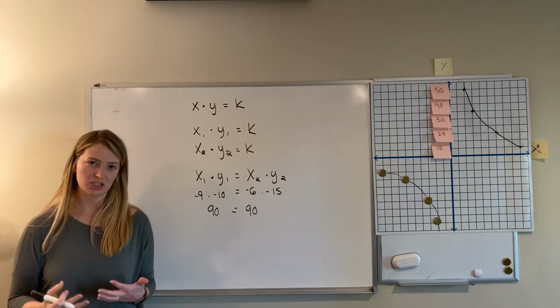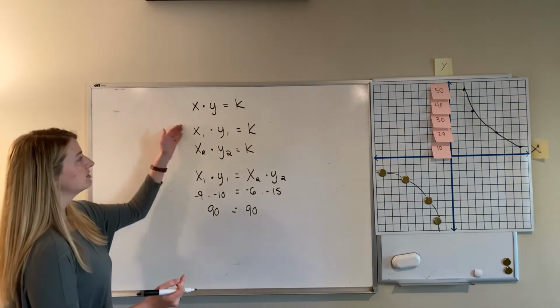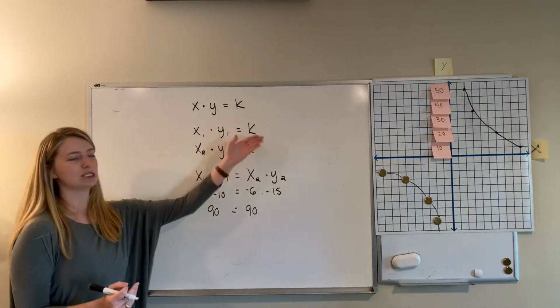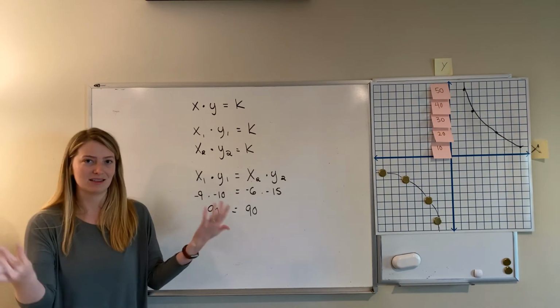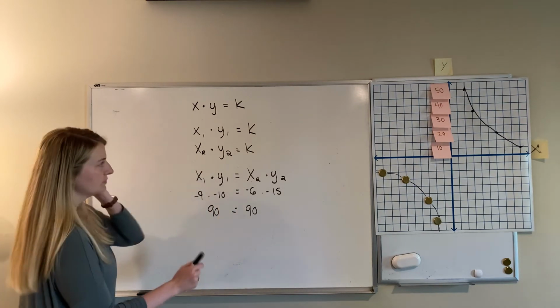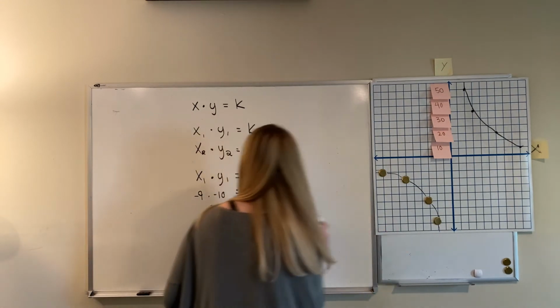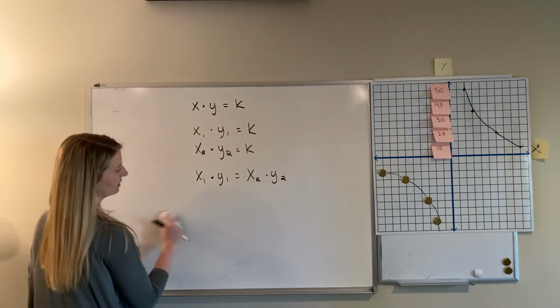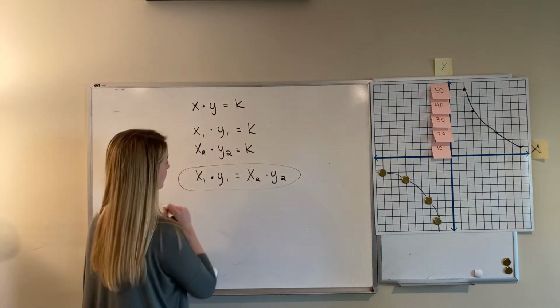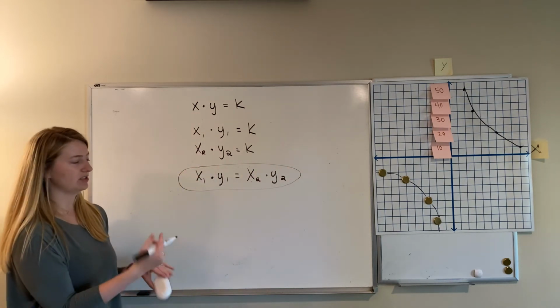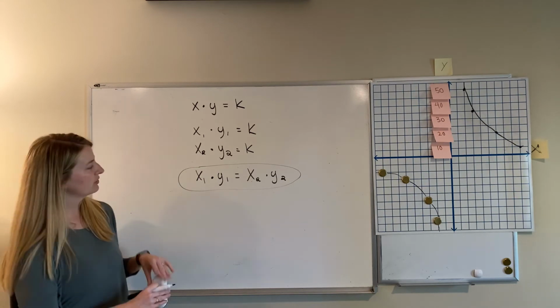So I haven't changed anything by setting them next to each other. I've just taken two equal statements. This times this equals 90, this times this equals 90. Well, if they both equal 90, then multiply them across, they're still all equal to 90. So this is our first proof for using and solving inverse variation. y1 times x1 is equal to y2 times x2. That's our first one.